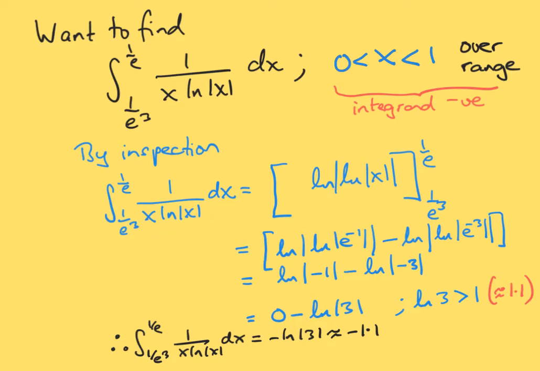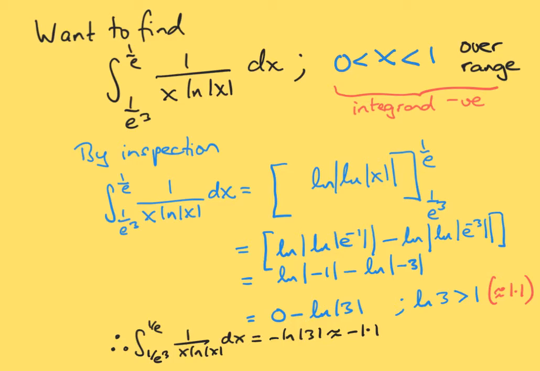Notice, and this is one of the key things in this video in my opinion, I'm using moduli here, and we need to have the modulus. The rule for the integral of 1 over x is that it is the log of the modulus of x. Okay, so now we're going to evaluate this at the upper limit and then subtract it, evaluate it at the lower limit.